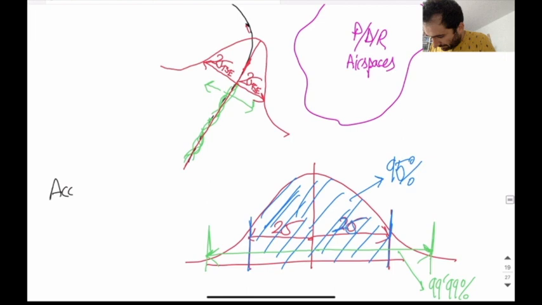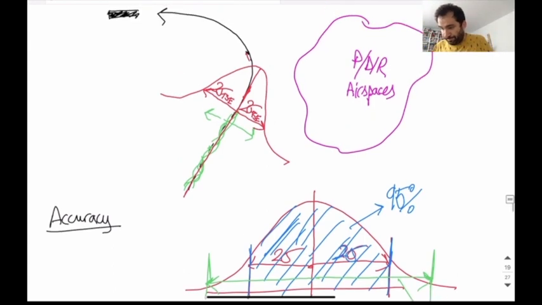Well, we define accuracy as follows. Aircraft, when flying this route, should be 95% of the time within the 2 sigma container, right?